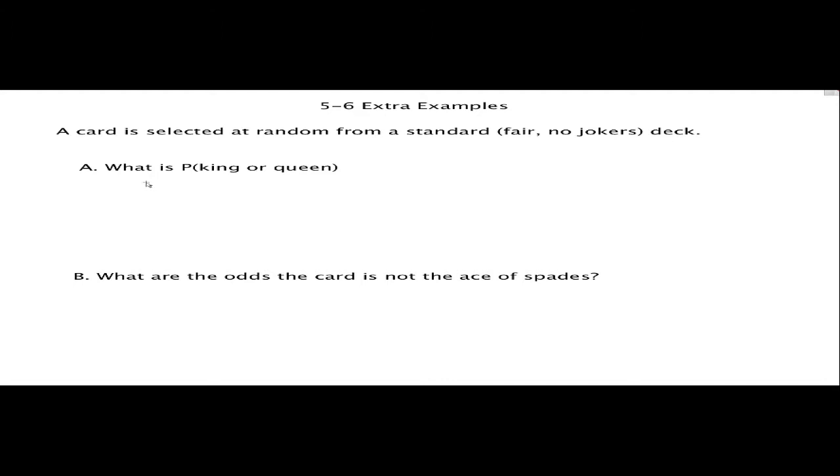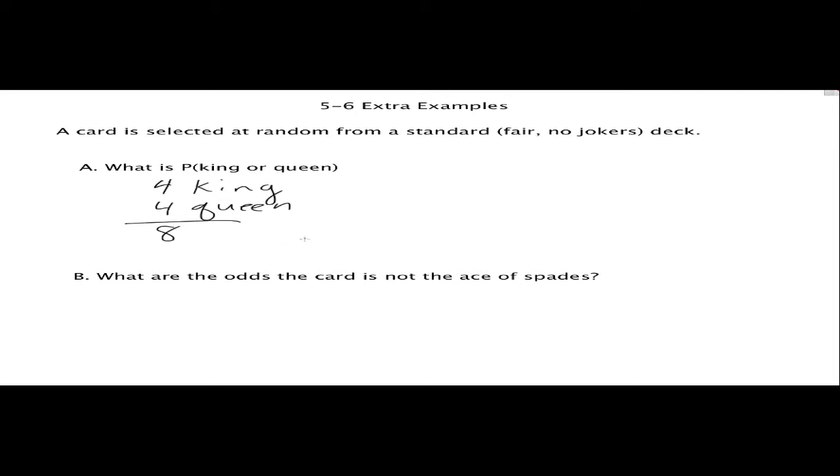Each one of those has 1 king and 1 queen. There's going to be 4 kings possible, 1 for each suit. There's going to be 4 queens possible, 1 for each suit. That's 8 possibilities.